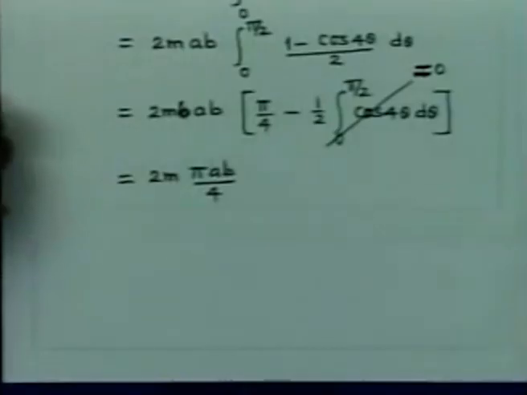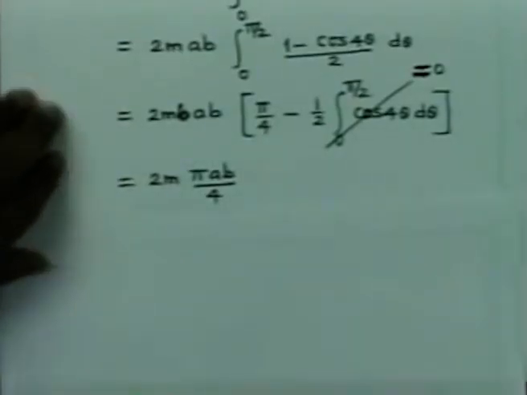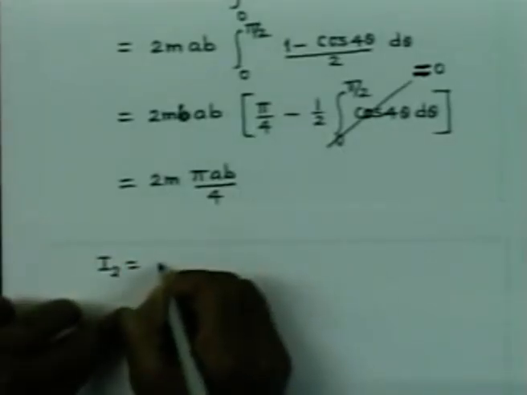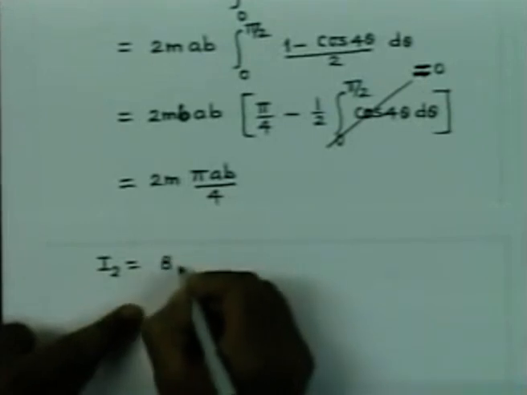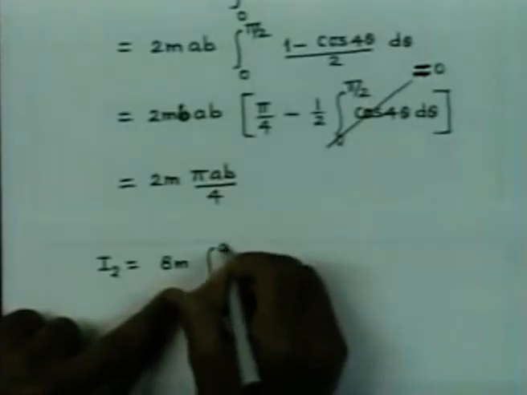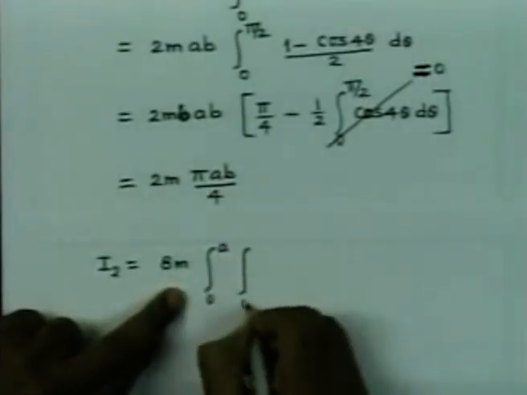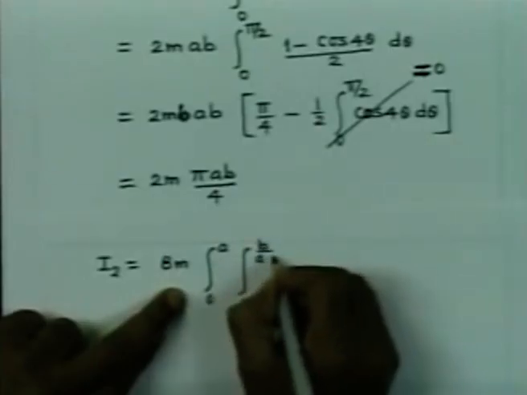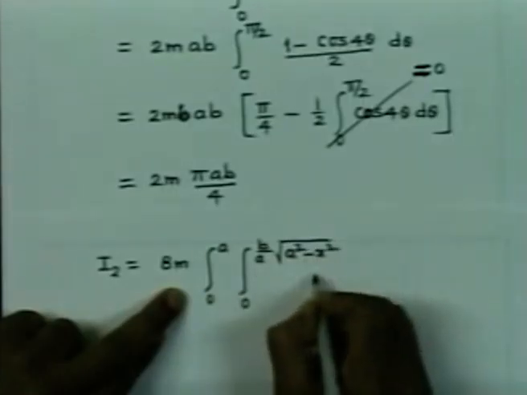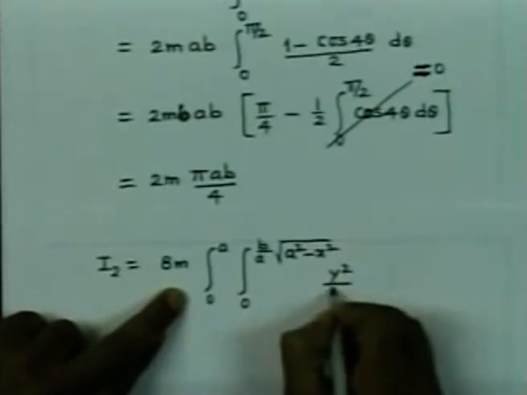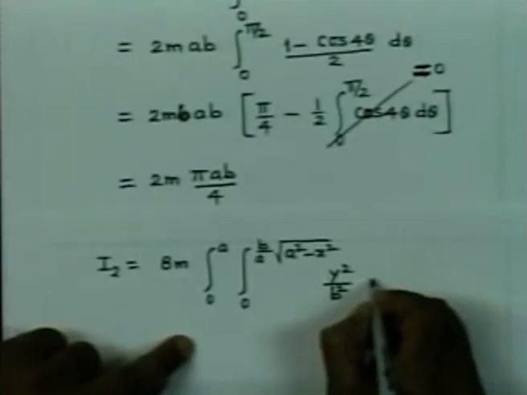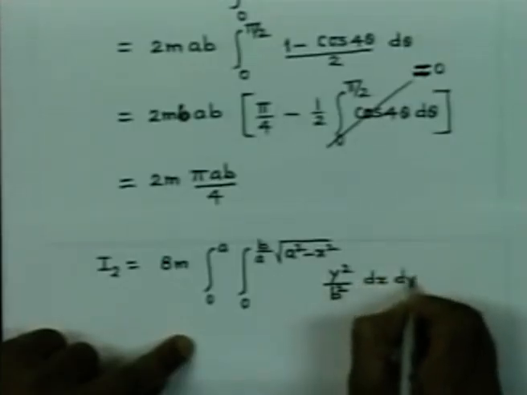Similarly, if you consider the second term I2, it is going to be 8m, integral 0 to a, 0 to b by a square minus x square, and we will have y square by b square dx dy.